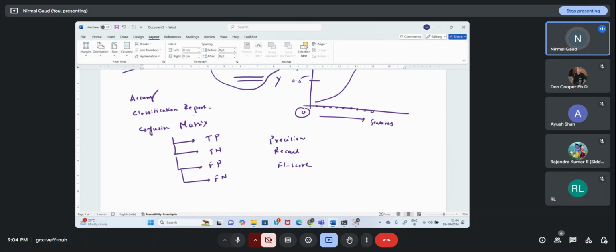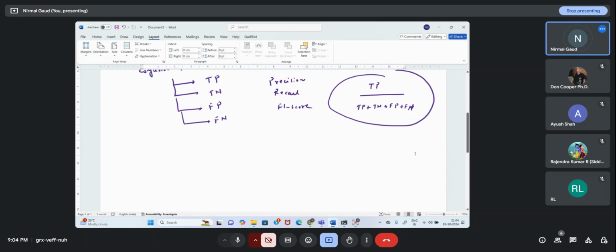We are having, okay, accuracy. Accuracy can be like this: true positive upon TP plus TN plus FP plus FN. So accuracy means total number of instances, that means the values.